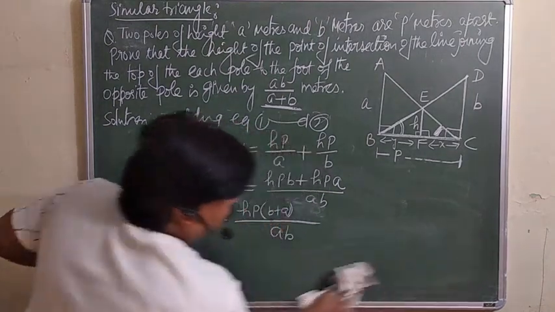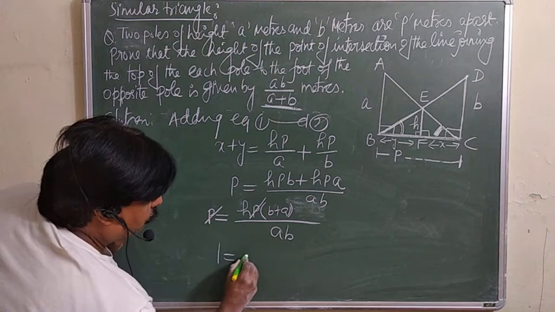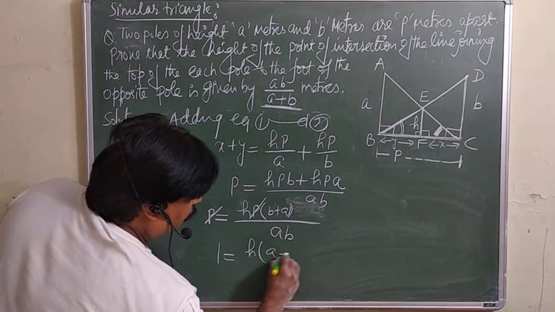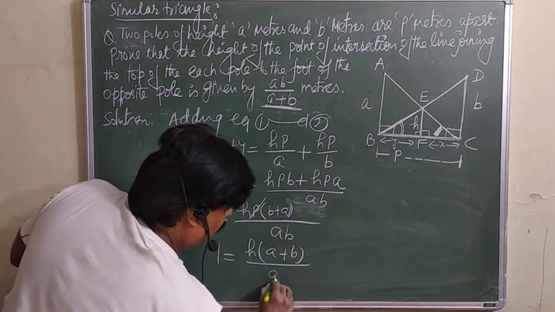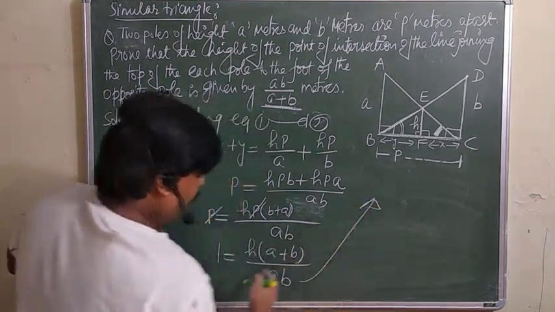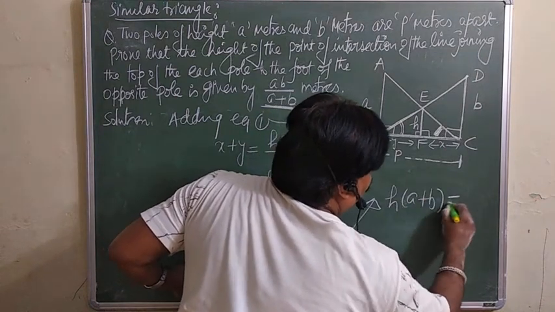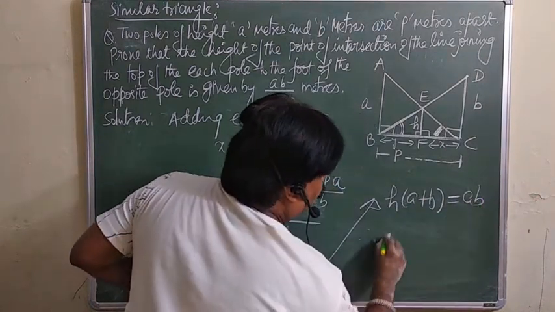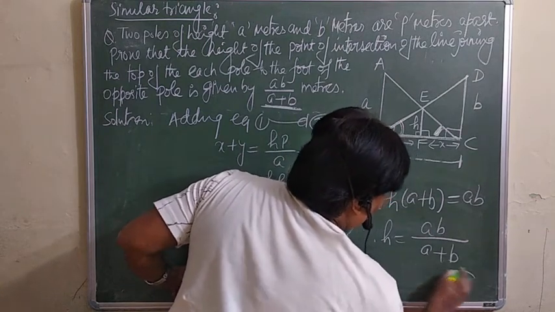Look here now. You can cancel P and P. So you will get 1 is equal to H into A plus B over AB. Whether you write B plus A or A plus B hardly matters. From here, you can do the cross multiplication, so H into A plus B is AB. Therefore, H is equal to AB over A plus B, which we wanted to prove.